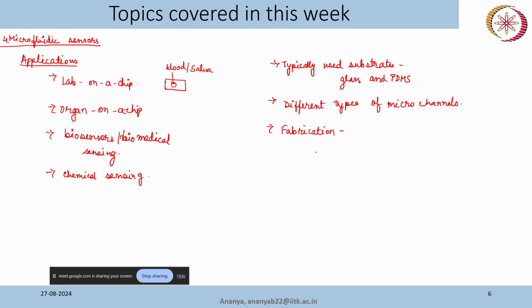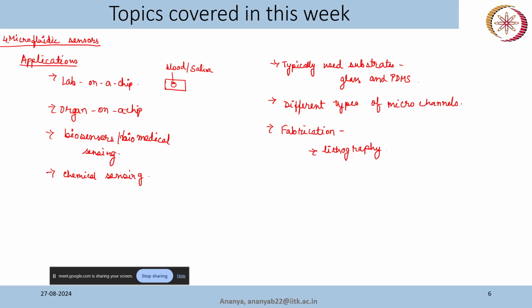The fabrication techniques can be lithography. Lithography is selective patterning and selective removal of material from a substrate. Lithography can be of two types, either photolithography, where a UV light source is used, or E-beam lithography, where a beam of electrons is used for patterning.